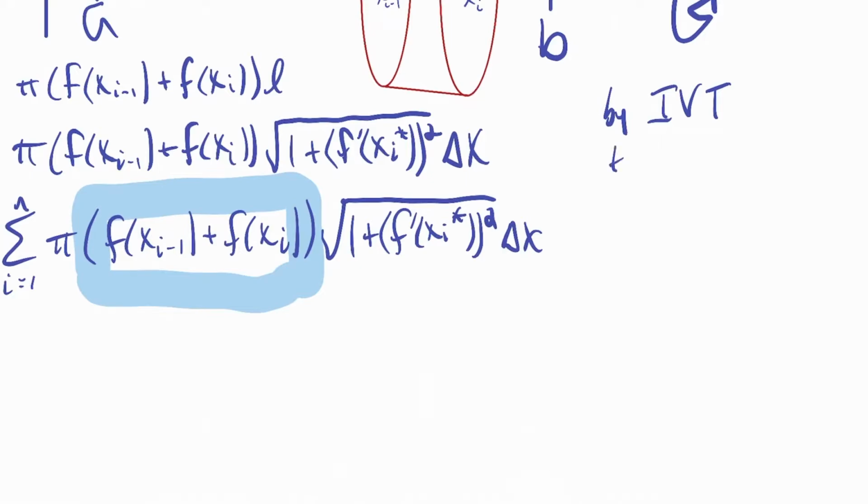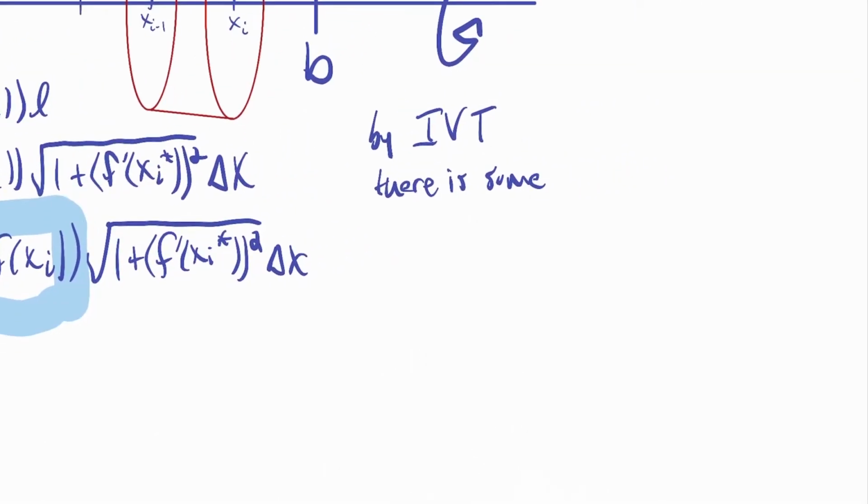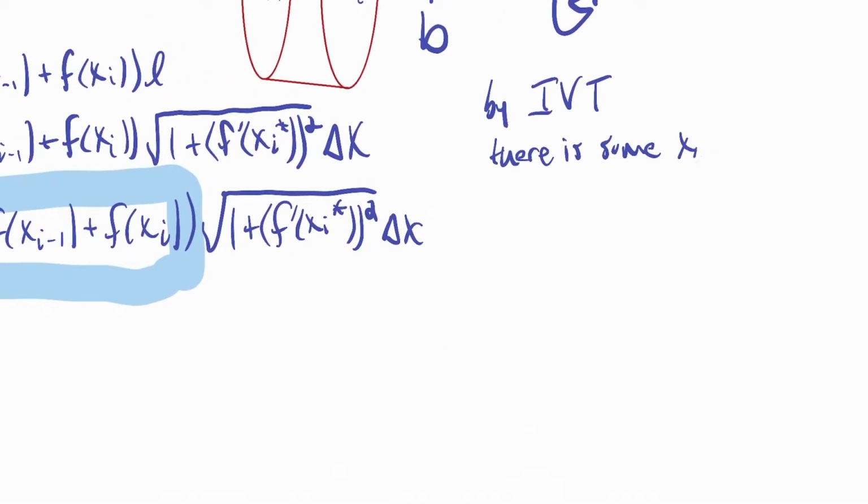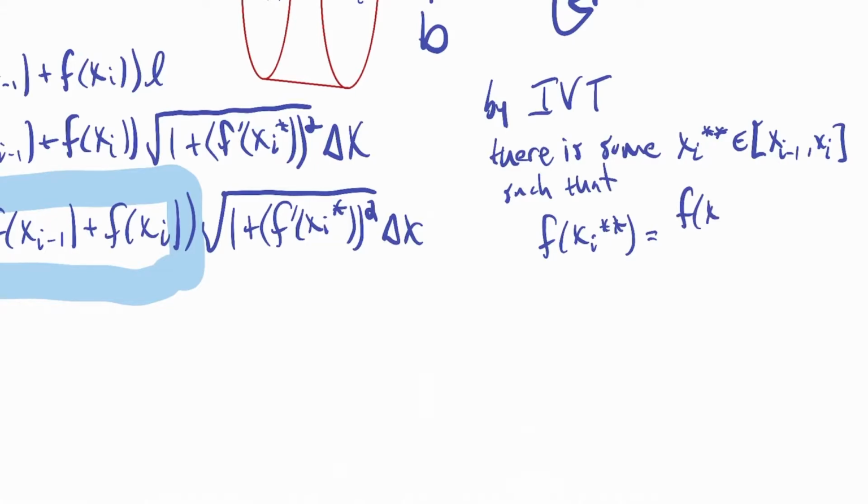There is some xi double star, another x coordinate that's guaranteed to be somewhere in the interval xi minus 1 comma xi, such that f of xi double star equals f of xi minus 1 plus f of xi, all over 2.